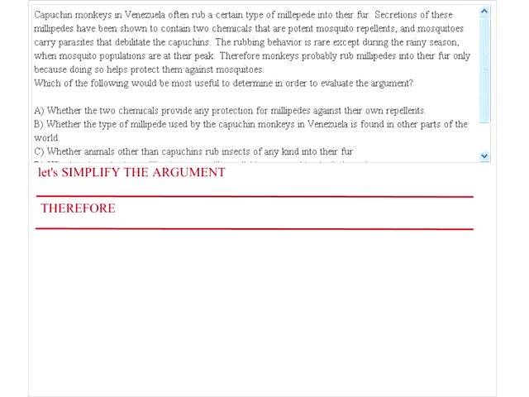Yeah, okay, the one that Alina typed into the window there is nice and compact, so let's do that. The conclusion is the millipedes rubbing the millipedes must protect against mosquitoes.